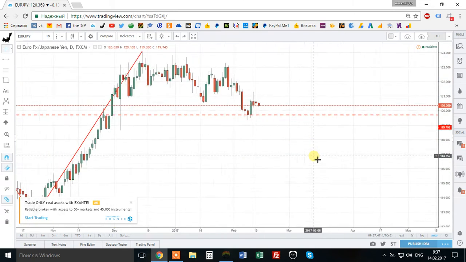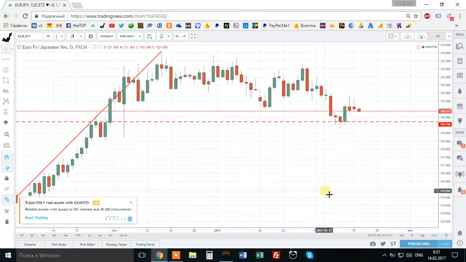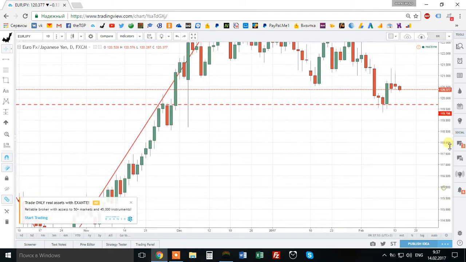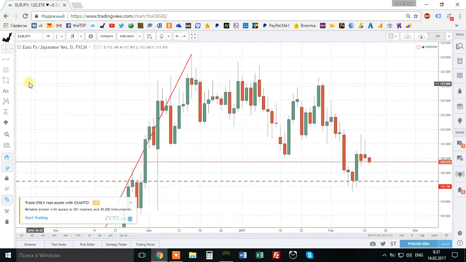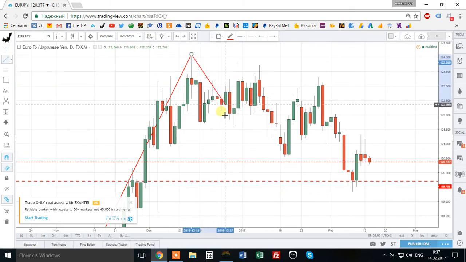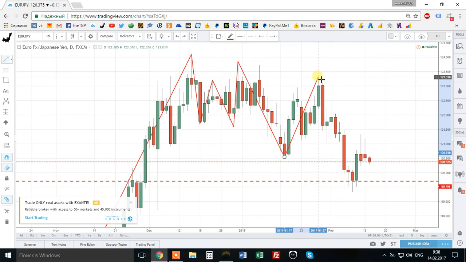Okay, let me zoom in a bit. Not this way, let me do it this way. Pay attention to these minor swings. This way, this, and finally this. Oh, no, I don't need this one.